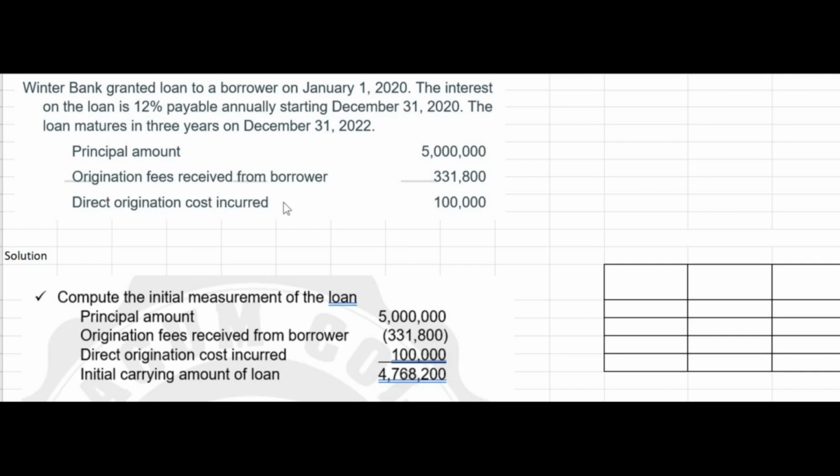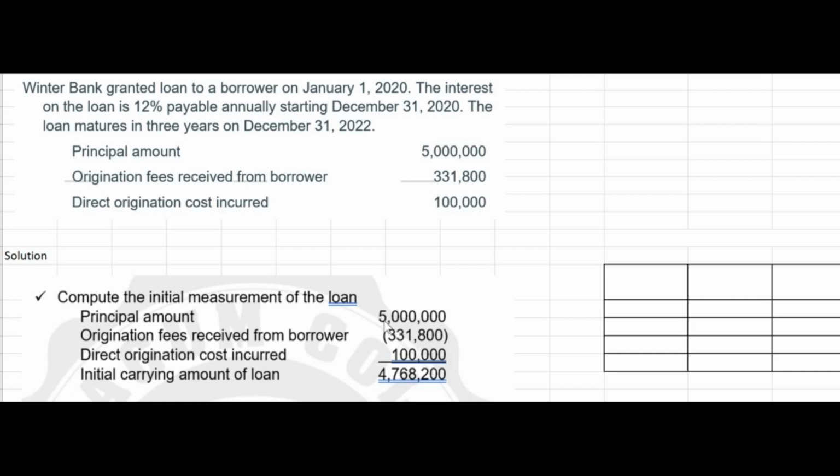To solve this problem, what you have to do is compute first the initial measurement or the initial carrying amount of your loan. Paano ba natin i-compute yun? Of course, start tayo with the principal amount which is 5 million. Take note that origination fees are collection natin from the borrower. Therefore, i-deduct natin siya sa ating principal amount.